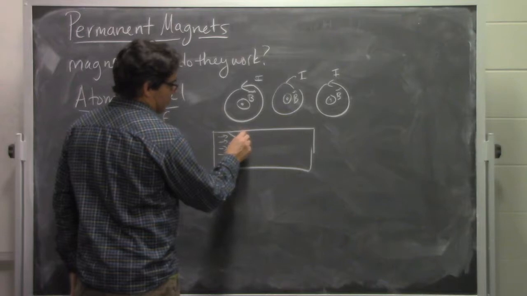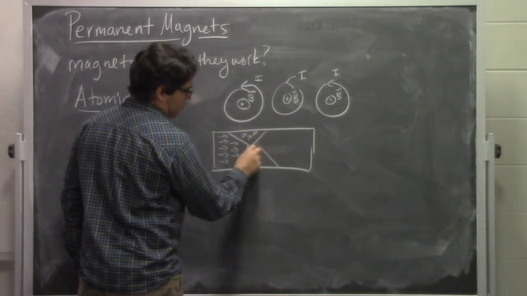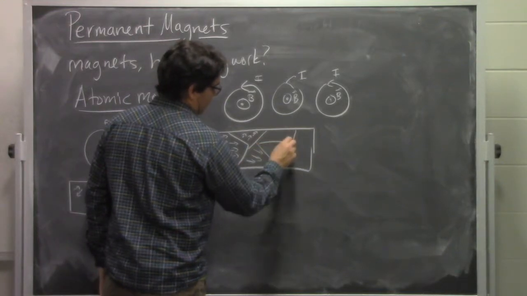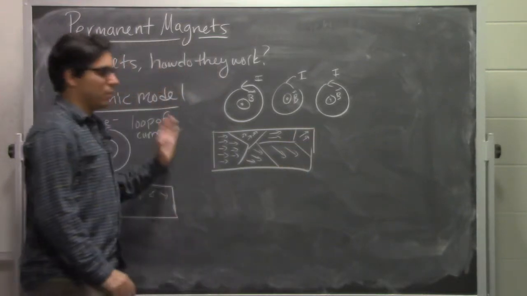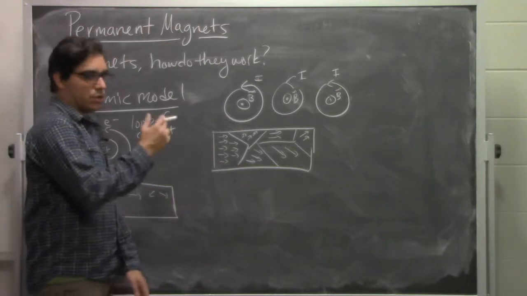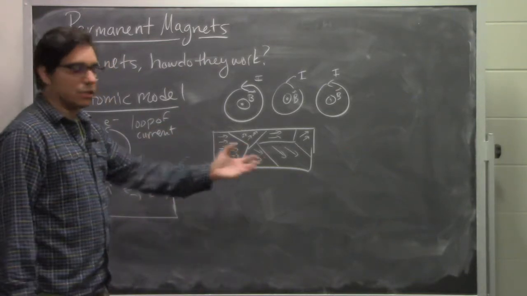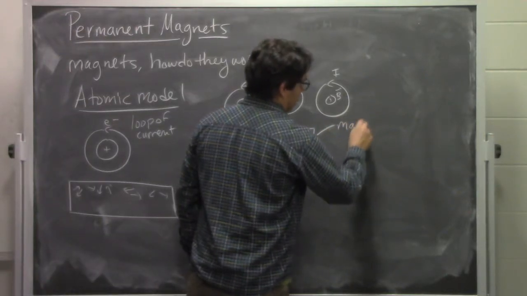And then there may be some region over here where they all line up like that. There may be some region here where they all line up like that, and so forth. So we can think of a wide variety of these. And over some longer distance, maybe a third of the chalk or half of the chalk or whatever, there is some collection of atoms that all point in the same direction. These things we refer to as magnetic domains.